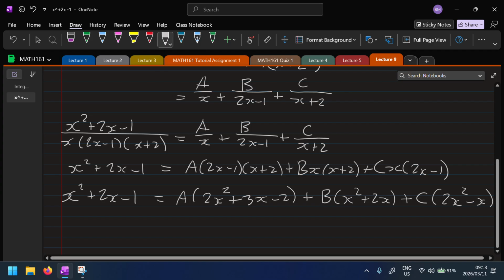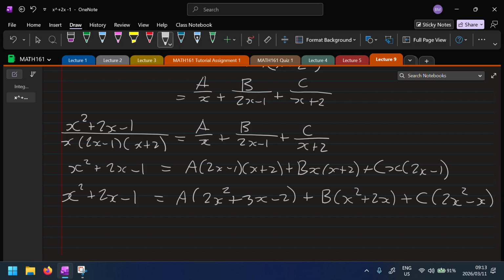Okay, so all of that we have expanded out. Now I'm going to join all of the like terms together. So all of the x squared terms I'm going to put together, the x terms I'm going to put together, and the constants I'm going to put together.